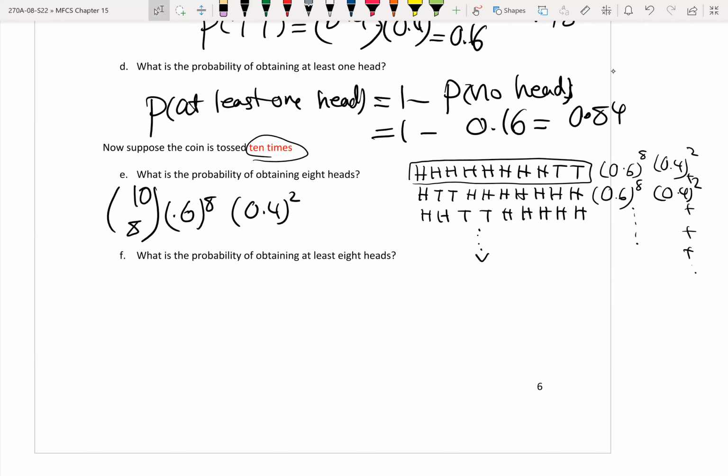So now the next one is better. At least 8 heads. Actually, it's similar to the previous one.